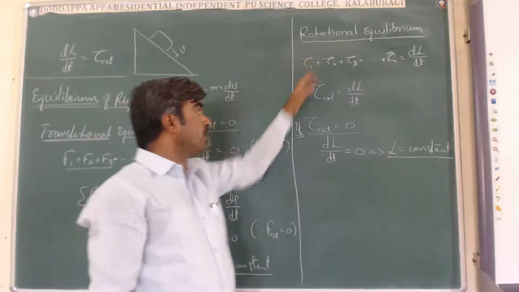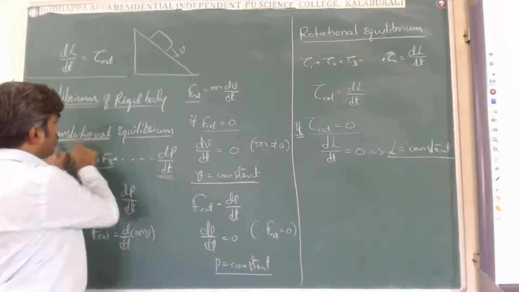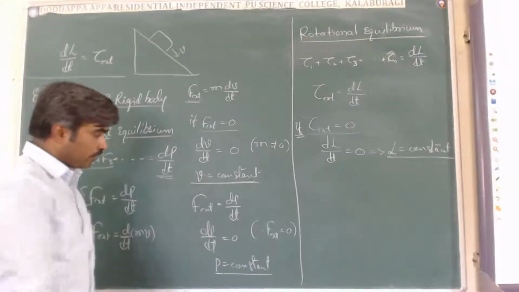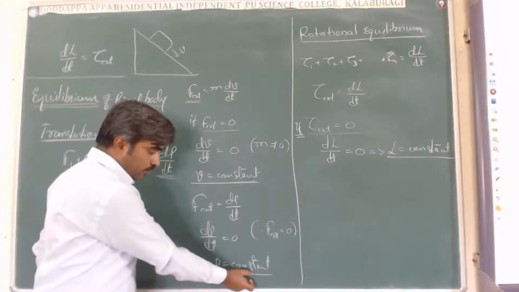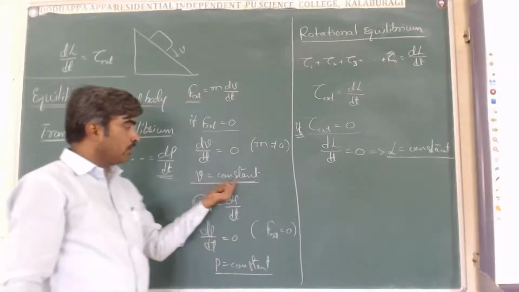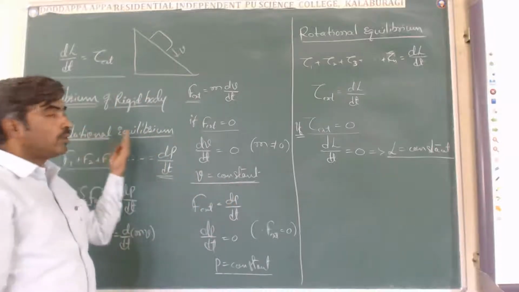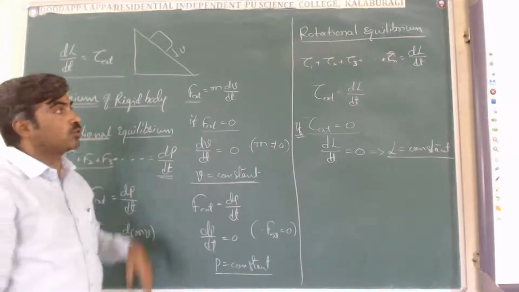When we talk about translational equilibrium, the body should possess constant linear momentum, or it should have constant velocity with which the body shows translational motion.